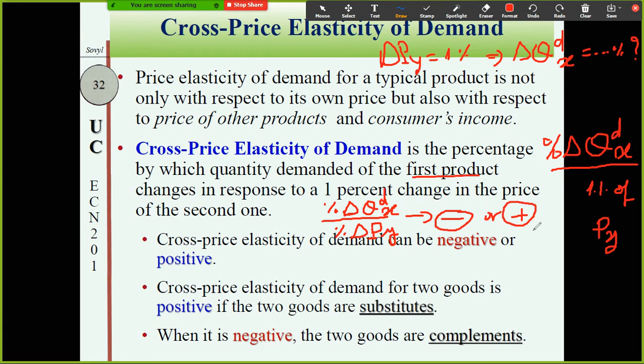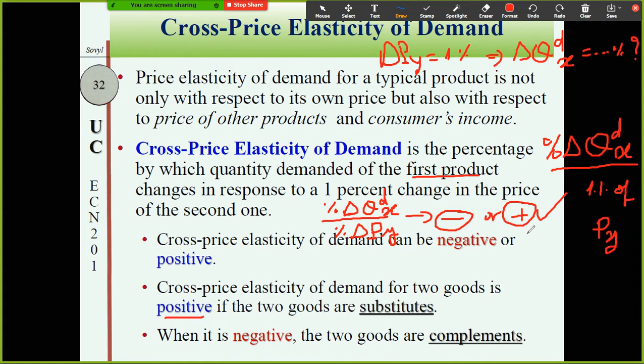It depends on the natures of X and Y. Cross price elasticity of demand for X and Y, or two goods, is positive if these two goods are substitute goods. You know what it means, substitute goods? I also described what goods can be substituted for each other.